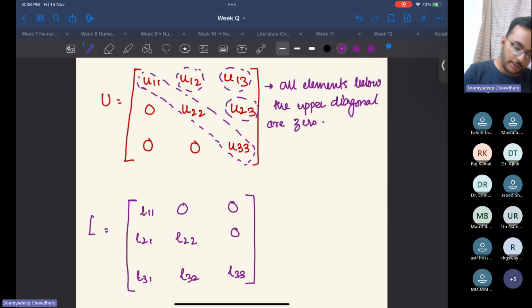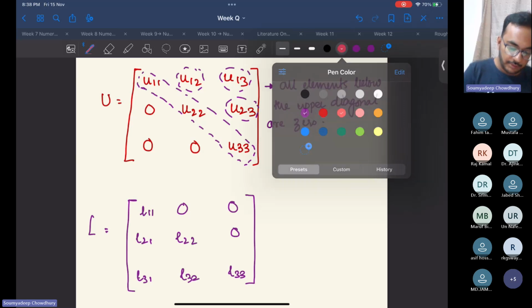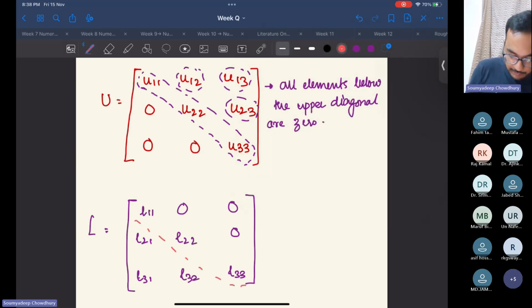So this is my lower triangular matrix. Again here, this is my principal diagonal. Anything below it will be non-zero and anything above it will be 0.